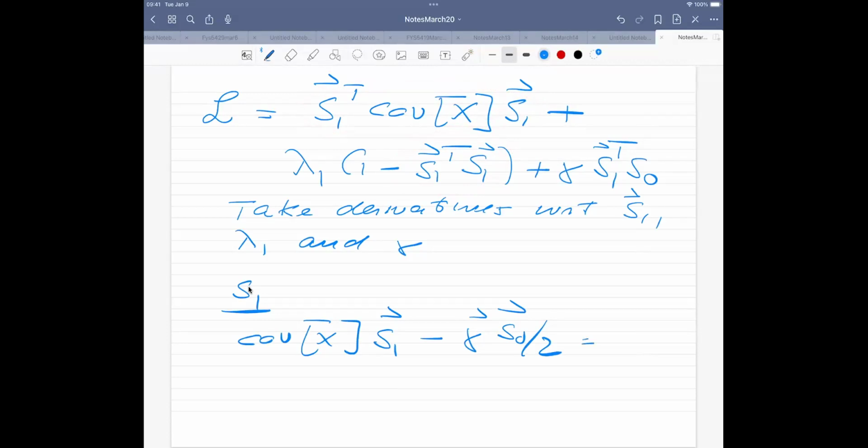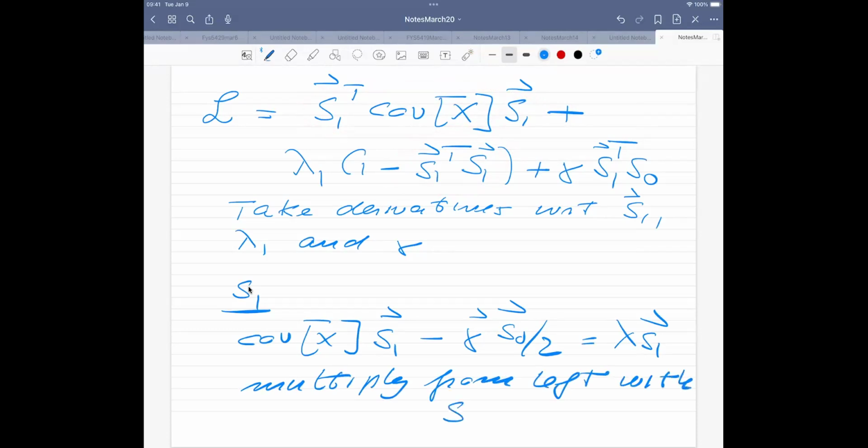And this is going to be equal to lambda times S1. Then multiply from the left with S0 transpose.